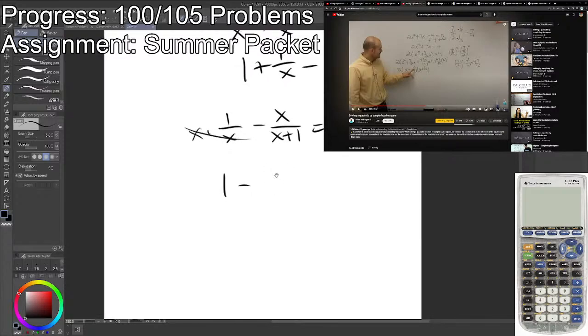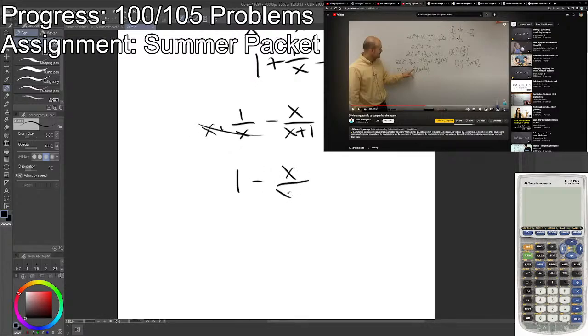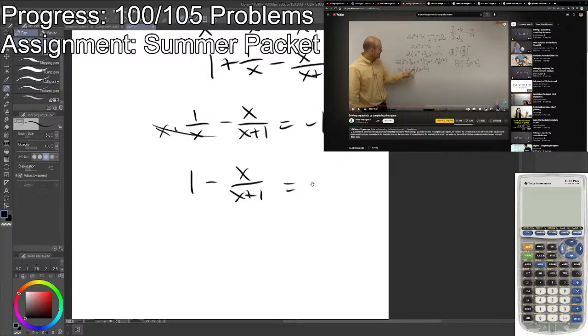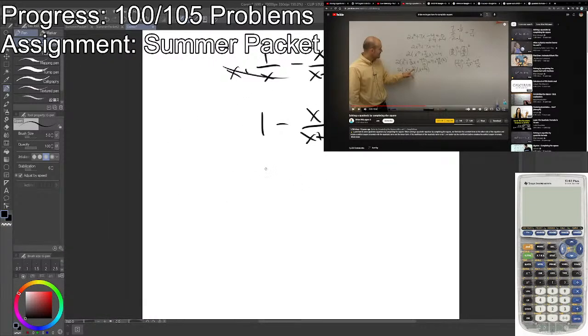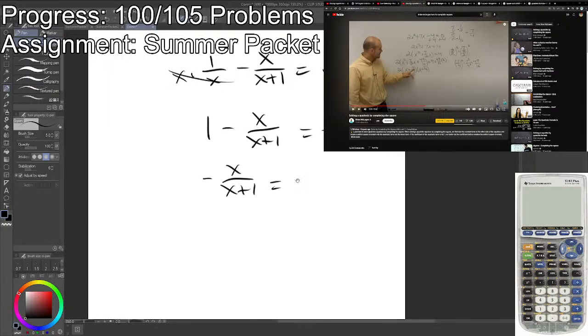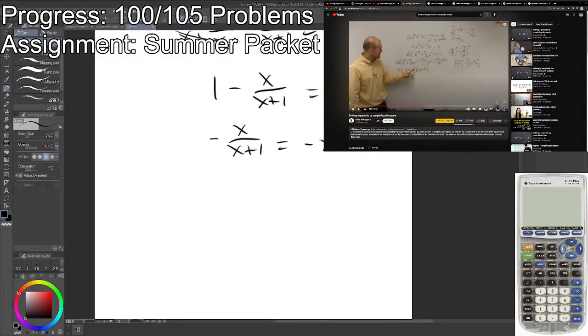So 1 minus x over x plus 1 equals negative x. And then negative x over x plus 1 equals negative x minus 1.